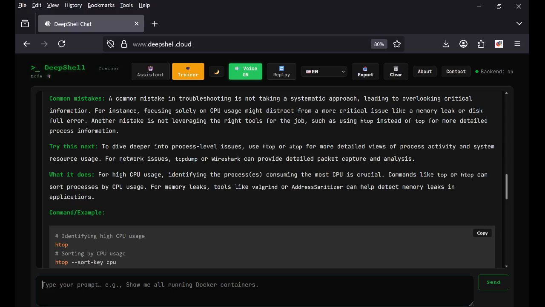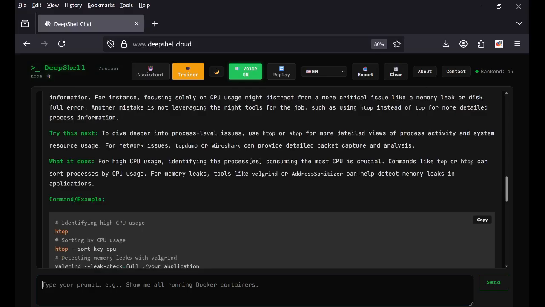Try this next. To dive deeper into process-level issues, use htop or atop for more detailed views of process activity and system resource usage. For network issues, tcpdump or Wireshark can provide detailed packet capture and analysis. What it does.